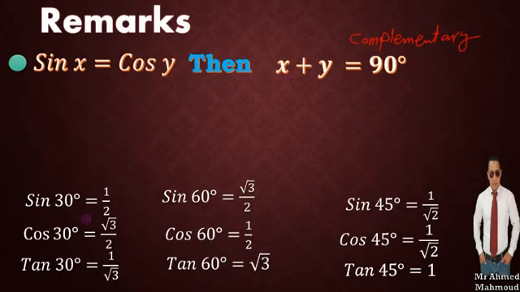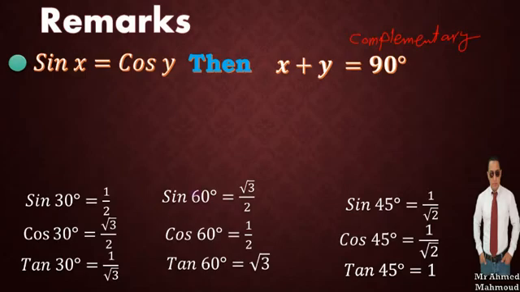Now another remark, looking at the 30-degree angle. Here sine 30 equals 1 over 2 and cosine 30 equals root 3 over 2. What if we divide half by root 3 over 2? It equals 1 over root 3. So tan 30 equals sine 30 over cosine 30.